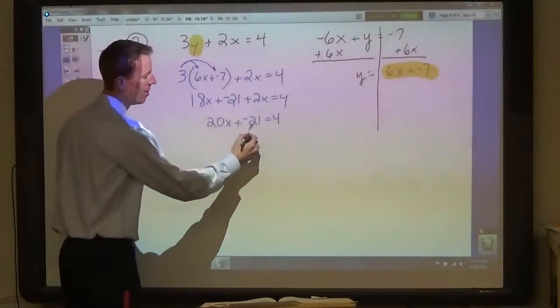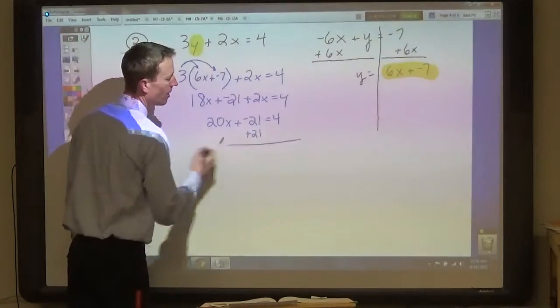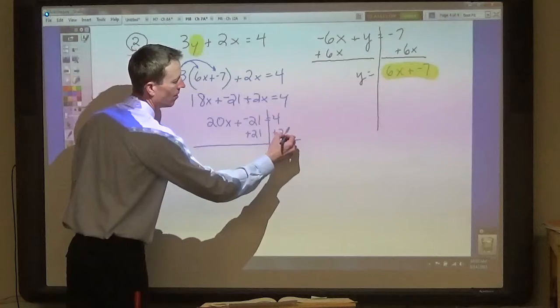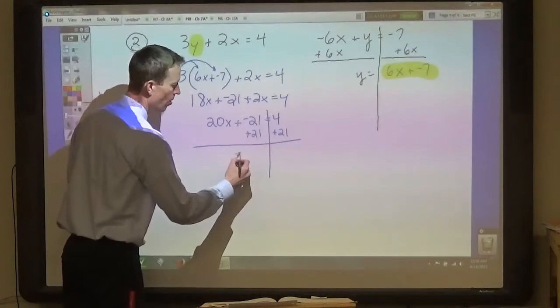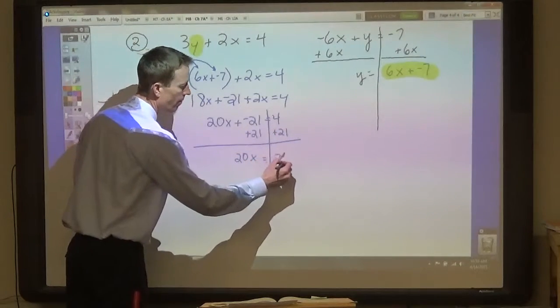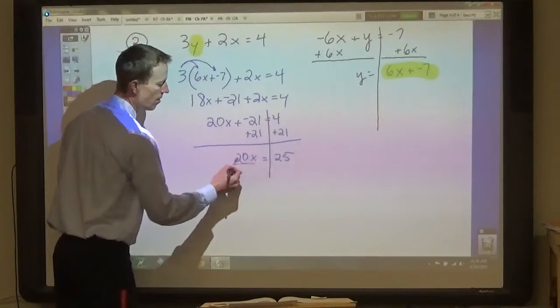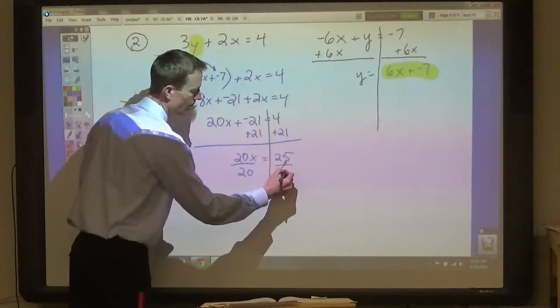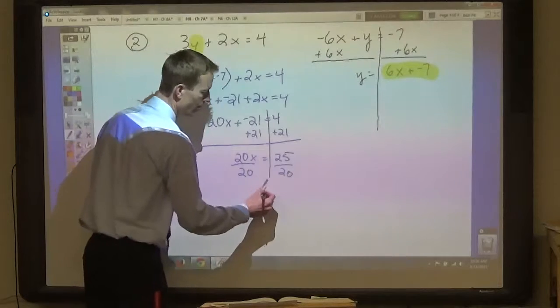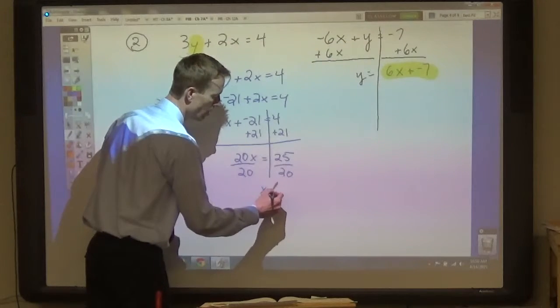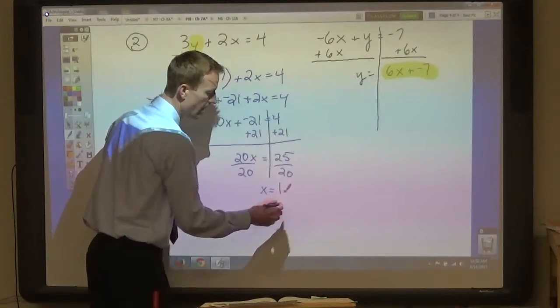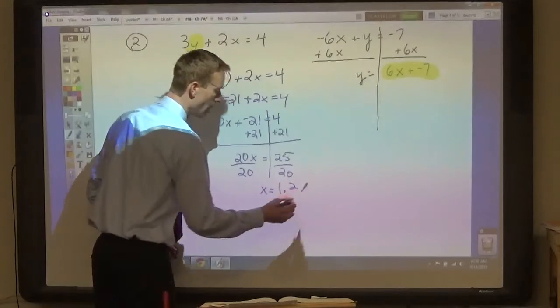Add 21 to both sides, and you get 20x equals 25. Then you divide by 20, and you get x equals 1 1/5, or since that's nice, 1.2. 1.2 might be easier to work with.